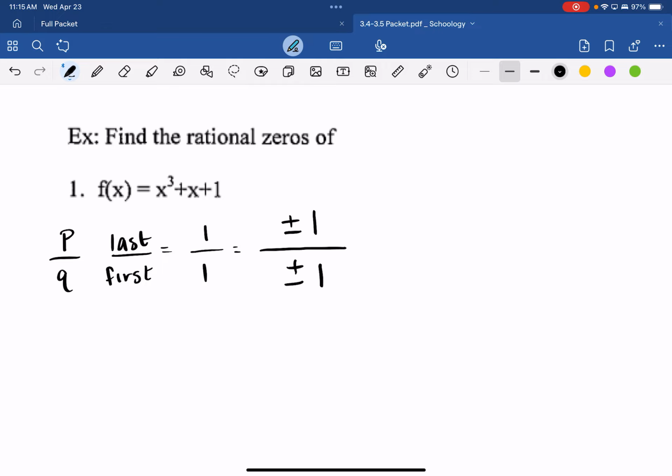The same goes with the bottom. So that's all we've done so far, we've listed out possible zeros. We don't know that they're for sure zeros. These are just the possible ones.